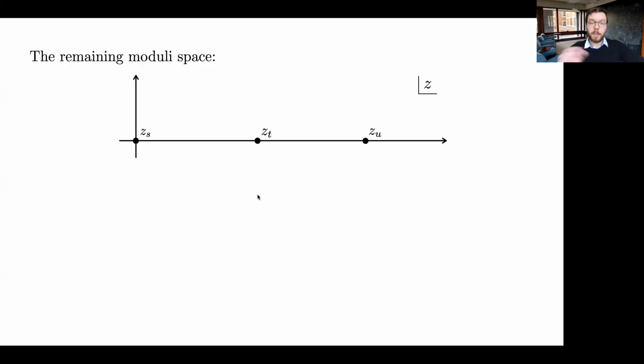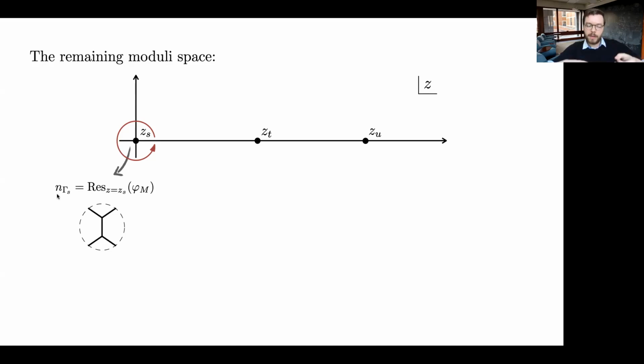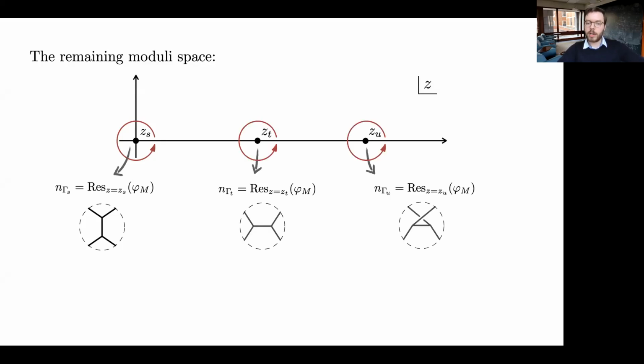Okay, so the remaining moduli space now is exactly what we've seen a couple of slides before. And what we want to do to extract numerators is simply doing this final residue. In this case, it corresponds to the residue of z around zs, and that will give us some BCJ numerator for this particular graph. Likewise for t and u channels.